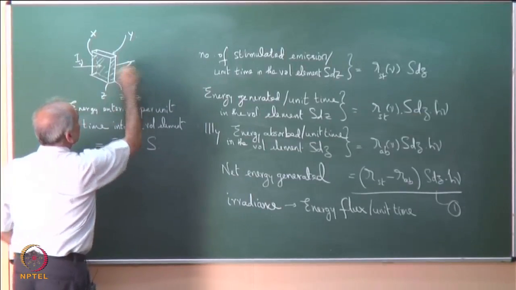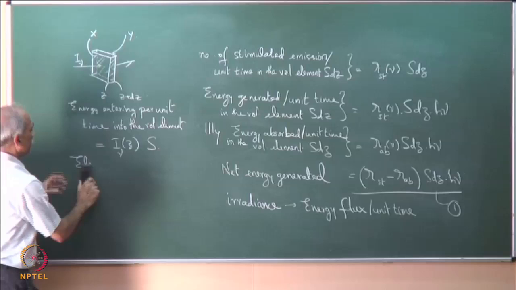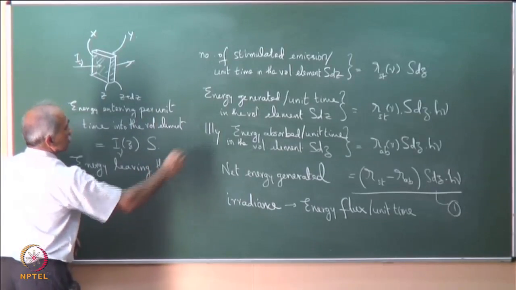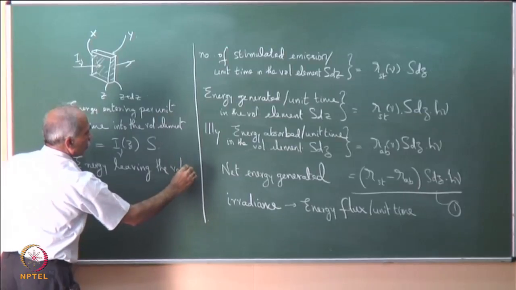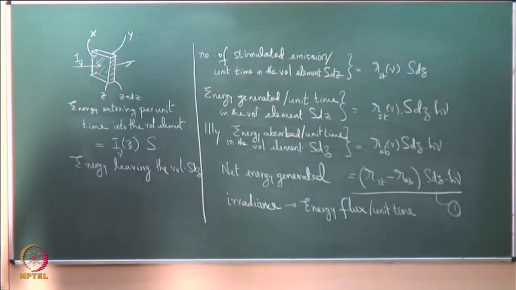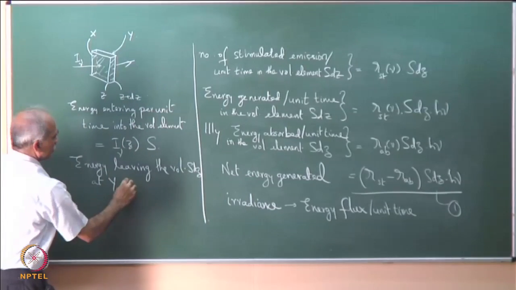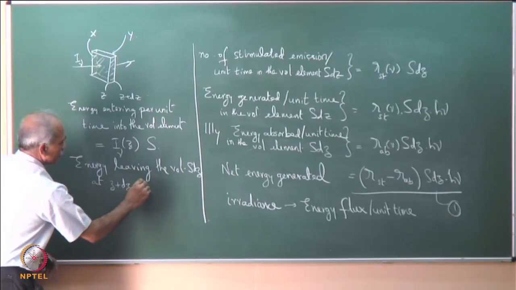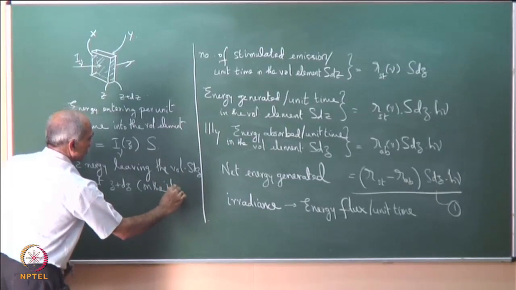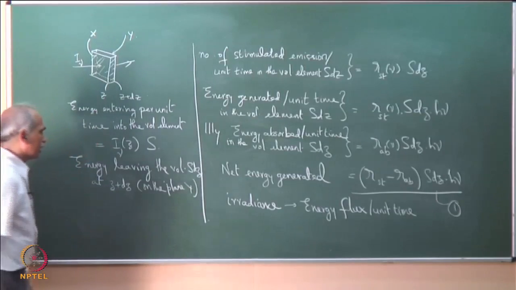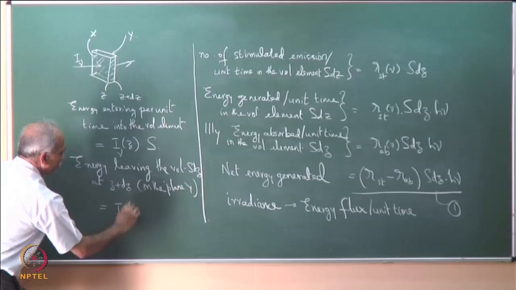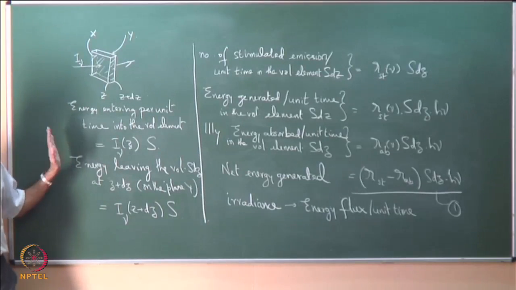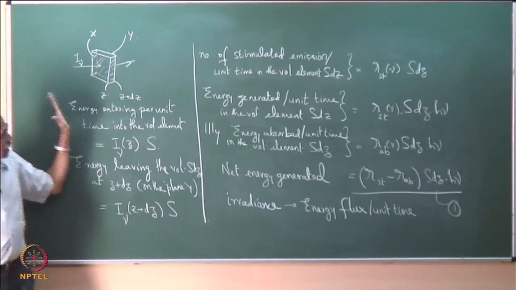What is the energy leaving from the other side? Energy leaving the volume element S dz at the plane y, at z plus dz, is equal to I nu of z plus dz into S. I is the intensity or irradiance, and multiplied by the surface area it tells you the energy.